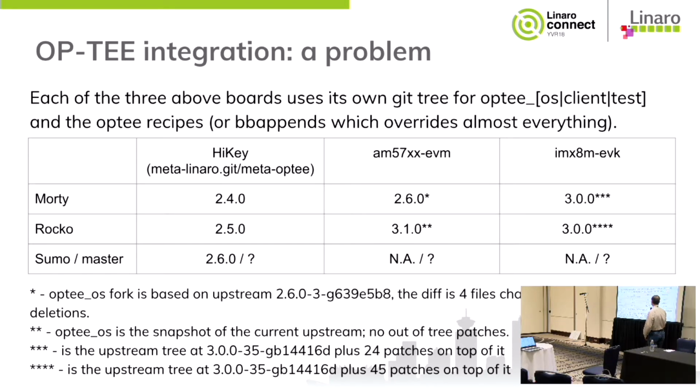In case of TI, the difference turned up to be pretty small, and as far as I could see, for Rocco they use just a snapshot of Linaro's tree, even though they have a repository of their own for Opti. I speak about OptiOS in this particular case. And NXP did more changes to Opti. Actually, one of those changes surprised me quite a bit.